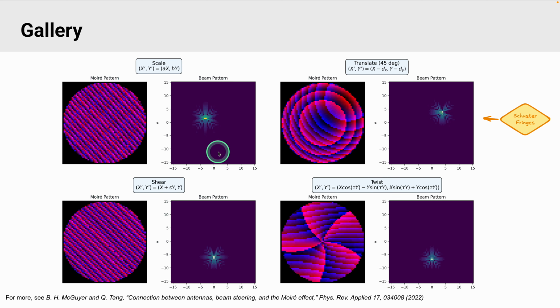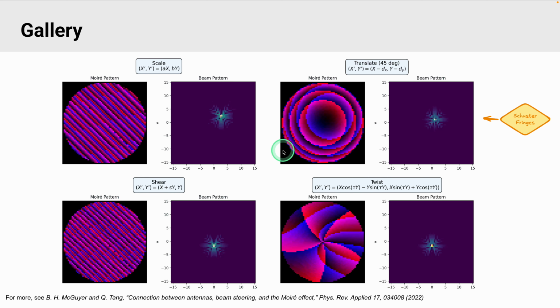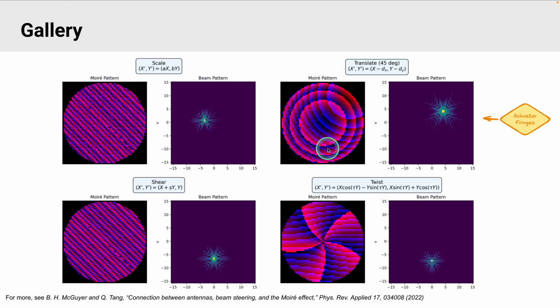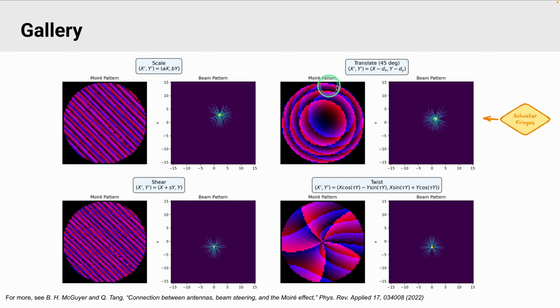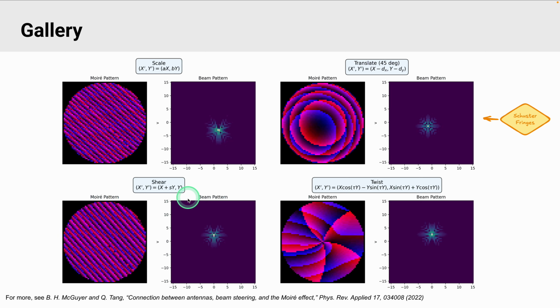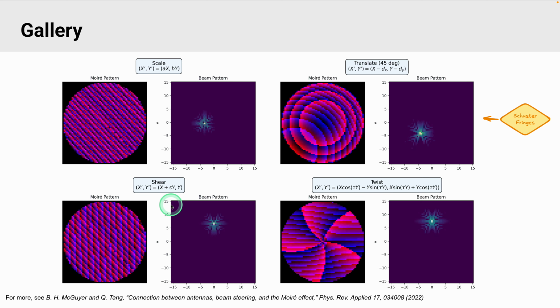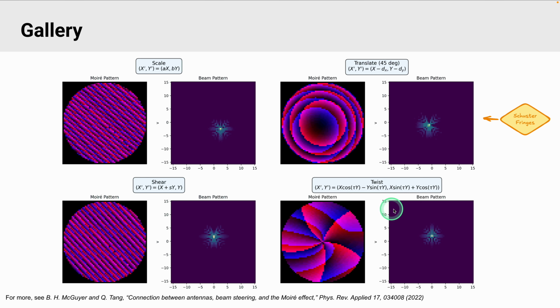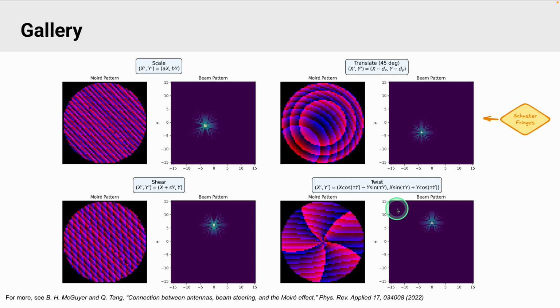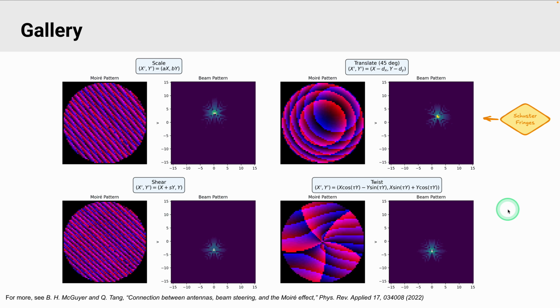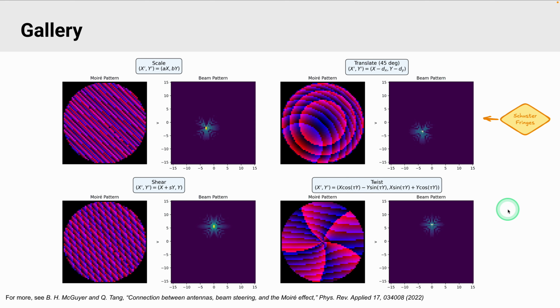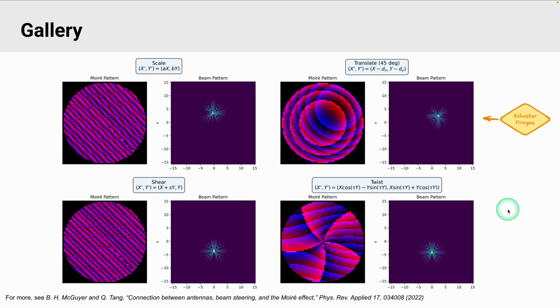So here is a showcase of the different mechanical transformations that we were discussing, including scale and translation, and I also included other forms of mechanical transformation like shear or twist. Note that I simplified the visualization with only Moire patterns here, ignoring the antenna aperture size.